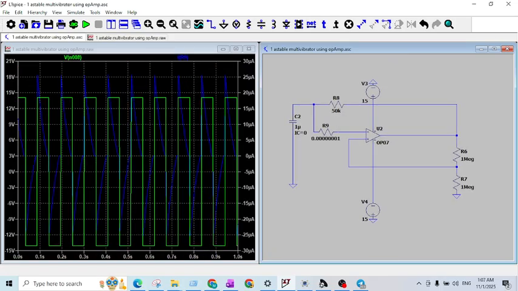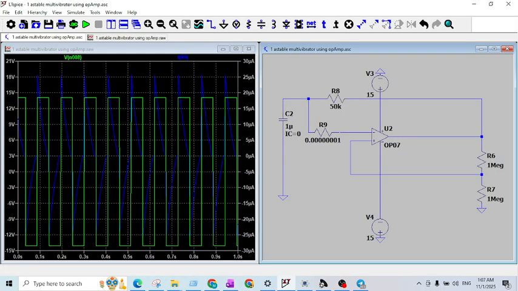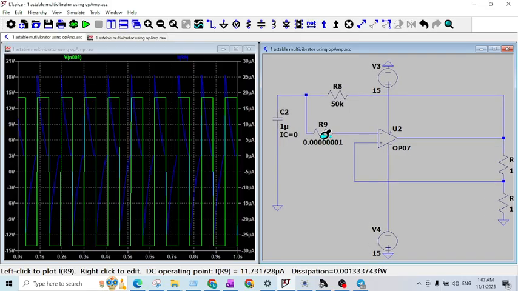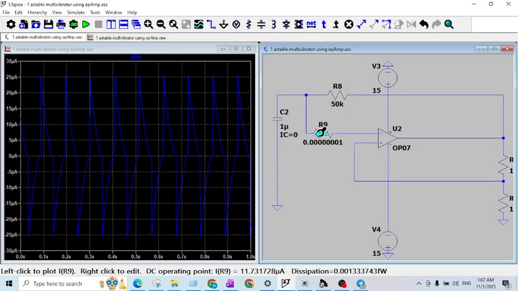But maybe I can tell you a reason, though I'm not sure about that. I have added a small resistor here to measure the current, and you see this current is flowing, but ideally we assume that this opAmp is ideal. That means no current should flow in this direction, but you see some microampere current is flowing here, and this current may have some effect.